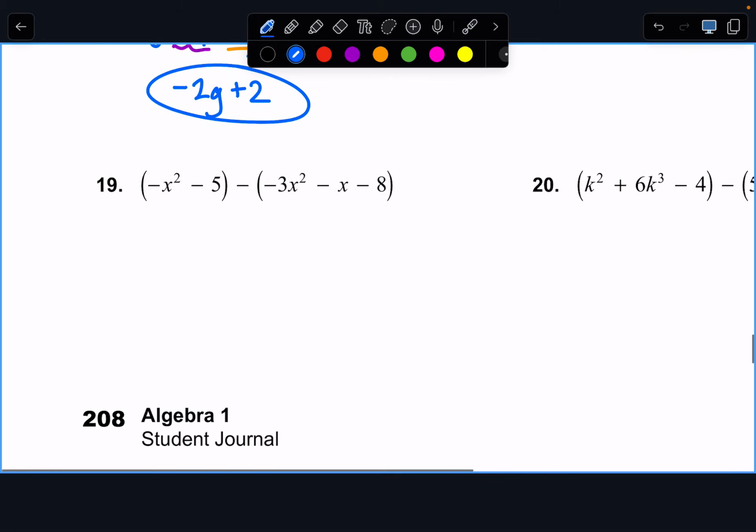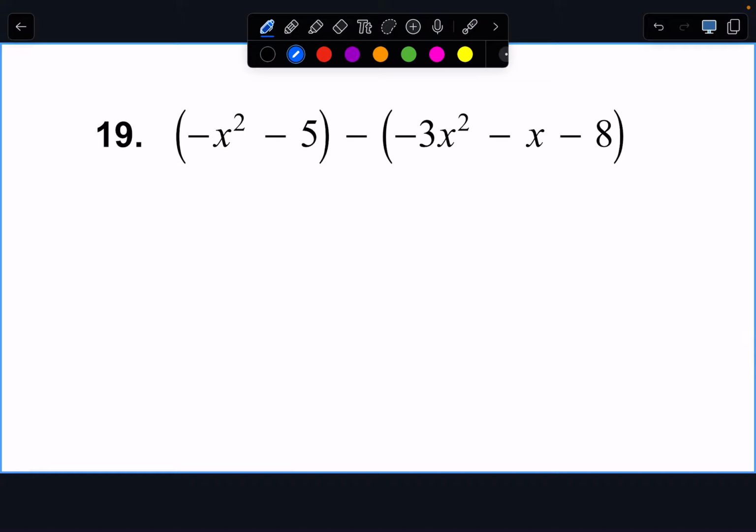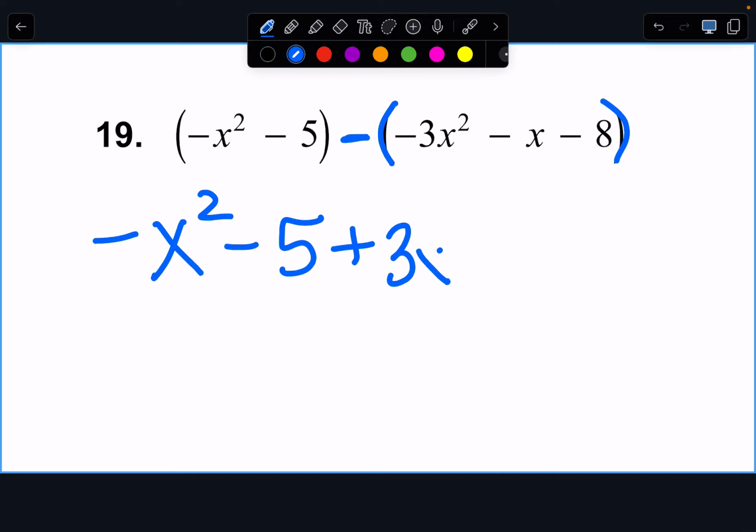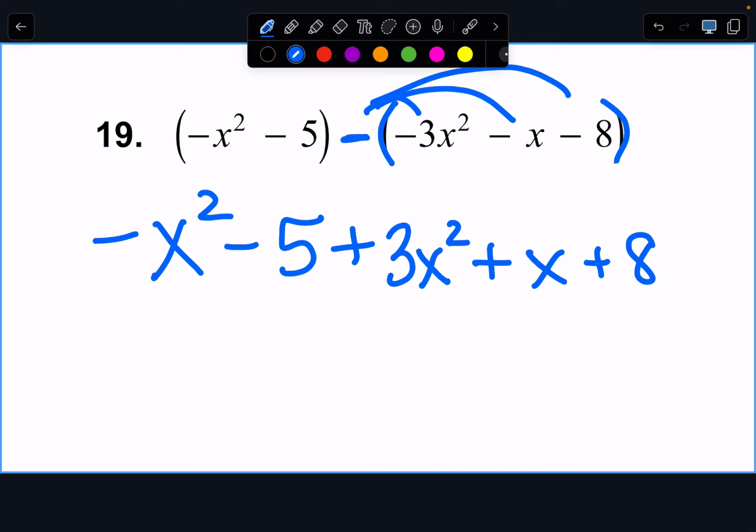Let's look at number 19. Our first polynomial is negative x squared minus 5, but then we're subtracting a trinomial. So we're subtracting a negative 3x squared, so I'm going to make it a plus x squared. We're subtracting a negative x, and we're subtracting a negative 8.